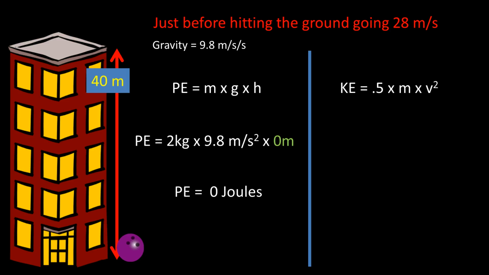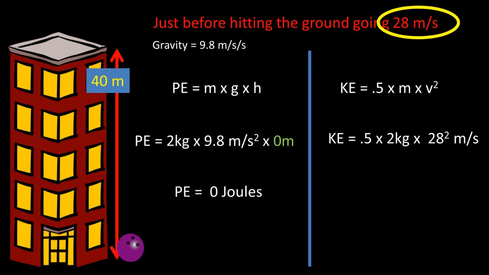Here, to calculate kinetic energy now, we have 0.5 times the mass times velocity squared. And again, the velocity at this moment is now 28 meters per second, of course, because the ball is falling and getting faster and faster. And so when it strikes the ground, it will be going 28 meters per second.